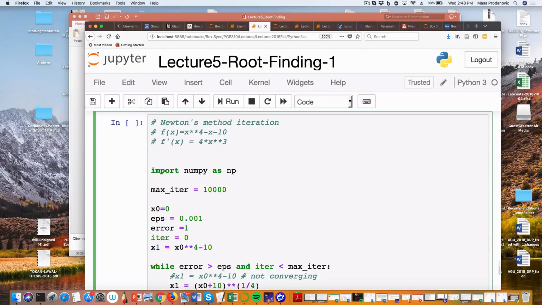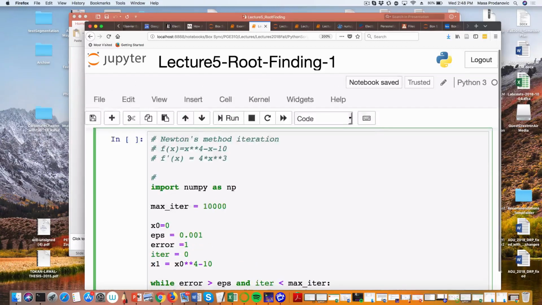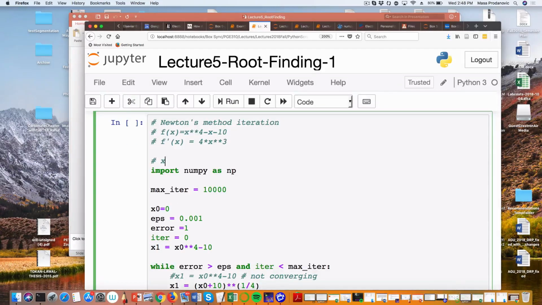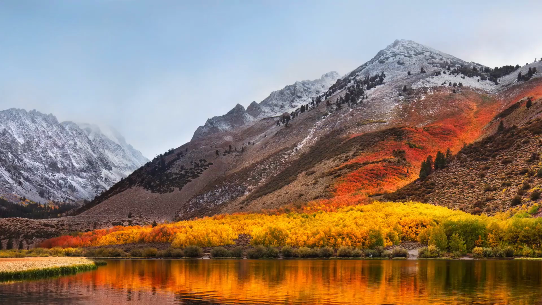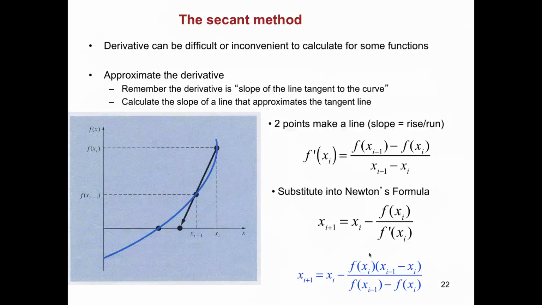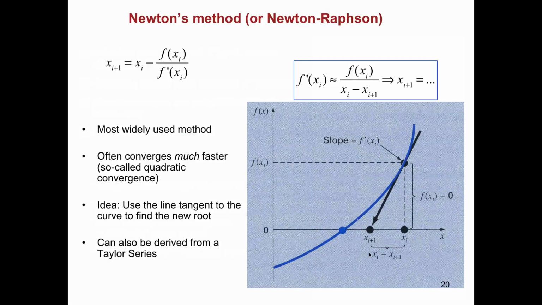And basically my next iteration, I'm going to write it down here before I program it. So my x1, I'm just going to work in terms of x1 and x0, is my previous one, x0, minus f of x0 divided by f prime of x0. This is basically what was done right here. So I just translated it into my code values.